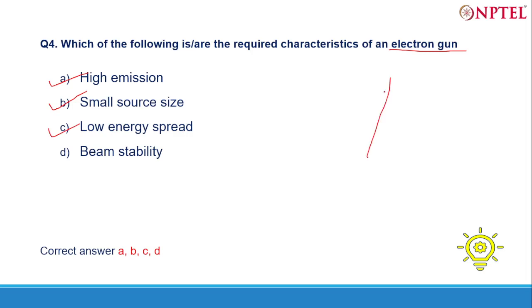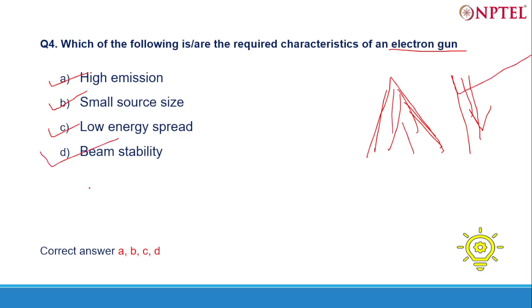You want the beam to be focused like this on the sample, not spread like this. So that's why it is also good. With low energy spread, it is particularly focused; we have a high energy spread here. Beam stability. If we are focusing a beam, it should be stable. It should not undulate like this. So all the four options are actually correct.